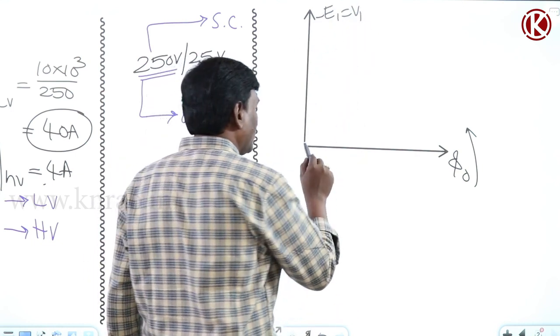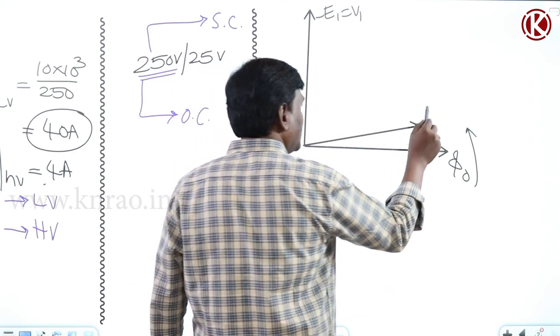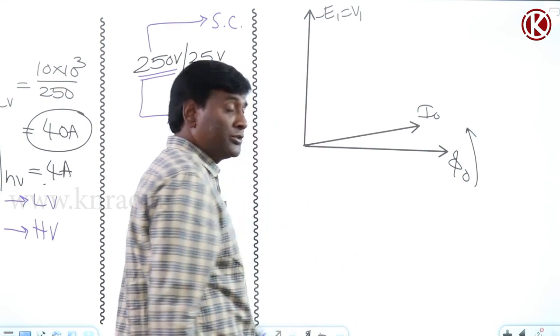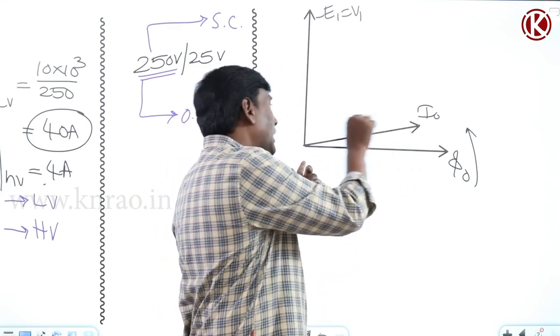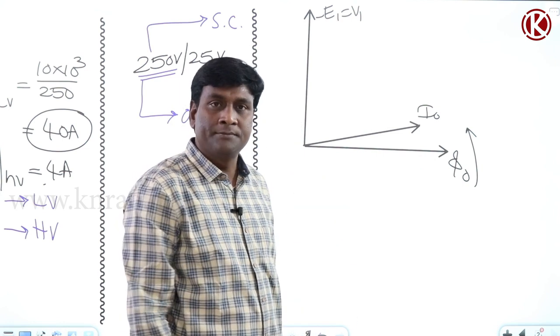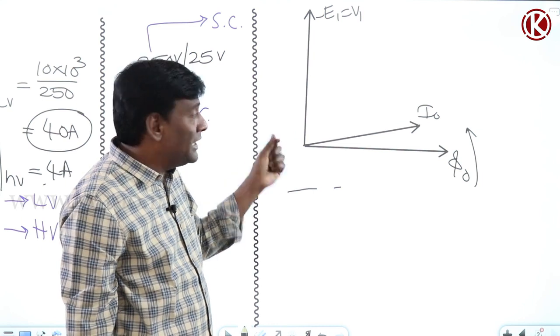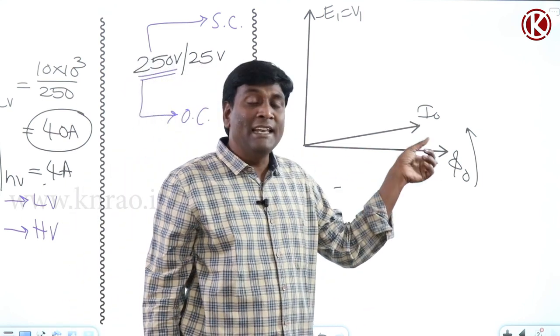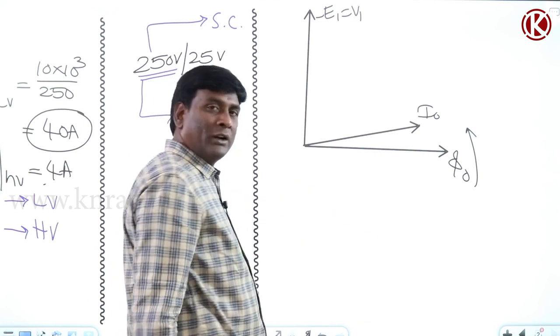Now, my no load current is going to be I0, in which the I mu component should be more and the IW component should be less. That means the IW component, which is in line with V1, should be less, and the I mu component, which is in line with phi naught, should be more. What does it mean?